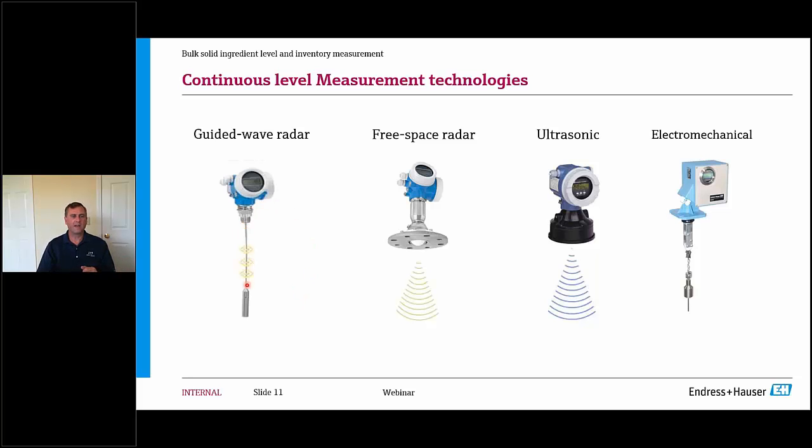The trade-off there is that now you have a cable hanging down into the product. The benefit is that you generally get an absolutely foolproof measurement that the guided wave radar provides. So when we have maybe more difficult applications, guided wave radar may still be the better choice. There are not as many of those out there anymore, though.